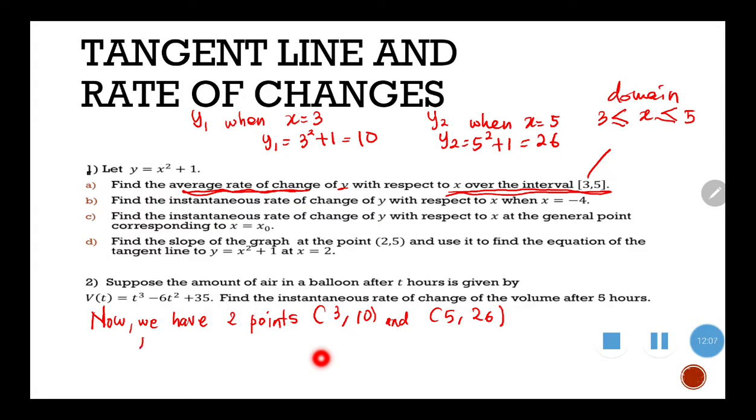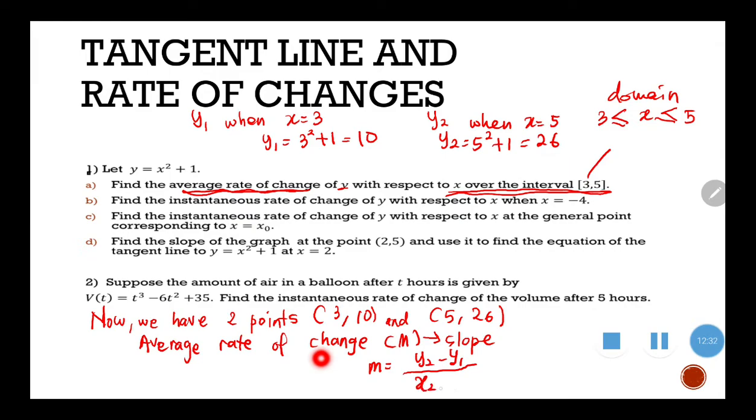Average rate of change can also be known as what, class? Average rate of change is m, or slope. So how to find it? m is y2 minus y1 over x2 minus x1.